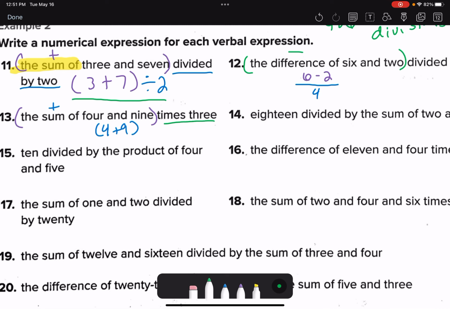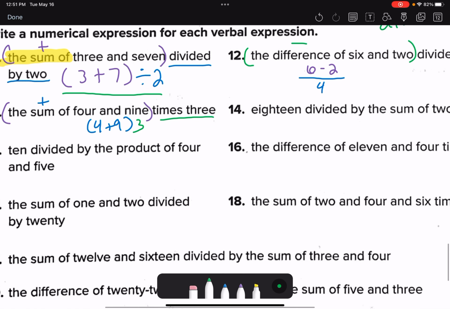And I told you that when there's parentheses and you want to indicate multiplication, you don't actually need to put a symbol in between there. So I'm actually going to just put a 3 here. Now, you're going to learn later on that typically that 3 is going to be in the front, but for now, out of practice, we'll leave it there so we can practice order. But please understand that you're usually going to see it like this, 3, like that.